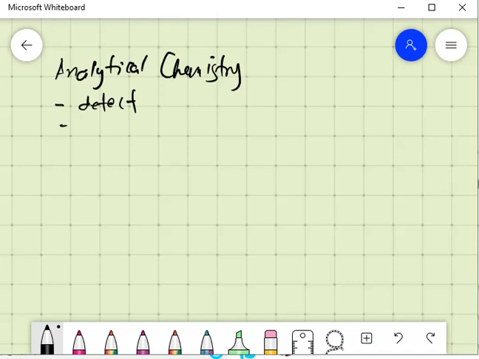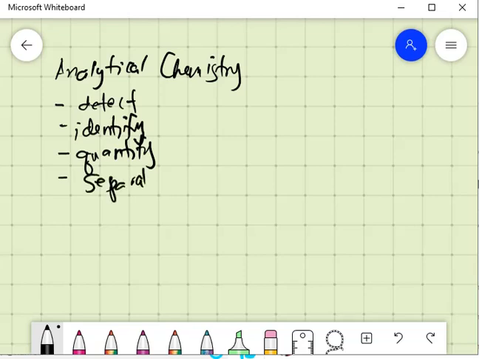And then it also identifies that the substance is indeed glucose, and it is also able to quantify the amount of glucose. So it answers with a numeric value of the amount of glucose, and then it could also separate a specific analyte from other components.